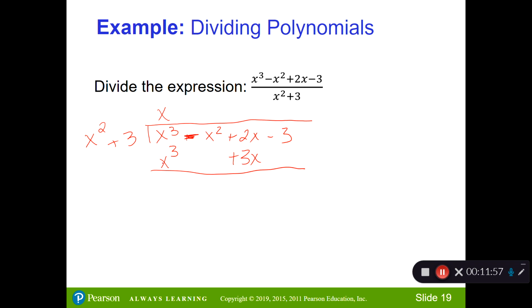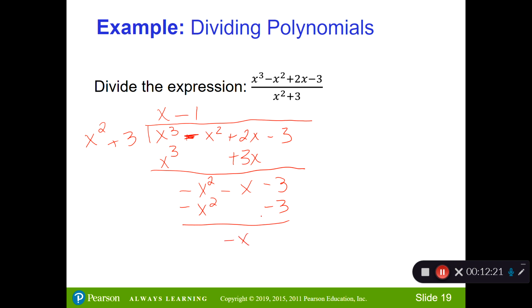Now subtract. x cubed minus x cubed is 0. Negative x squared minus 0 is a negative x squared. 2x minus 3x is a minus x, bring down the negative 3. Now what do I have to multiply x squared by to make it look like negative x squared? That's a negative 1. So negative 1 times x squared, negative 1 times 3. Subtract. Negative x squared minus x squared is a 0.